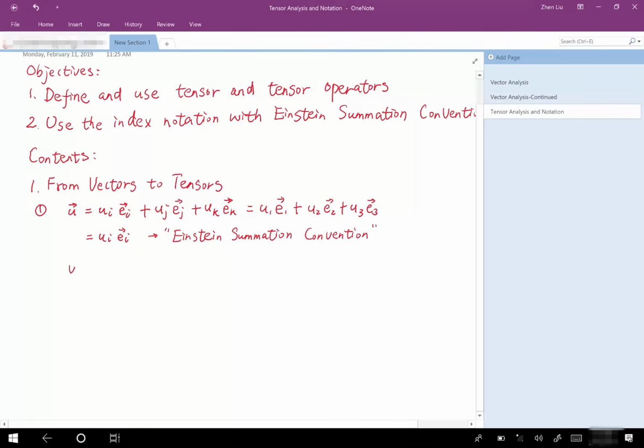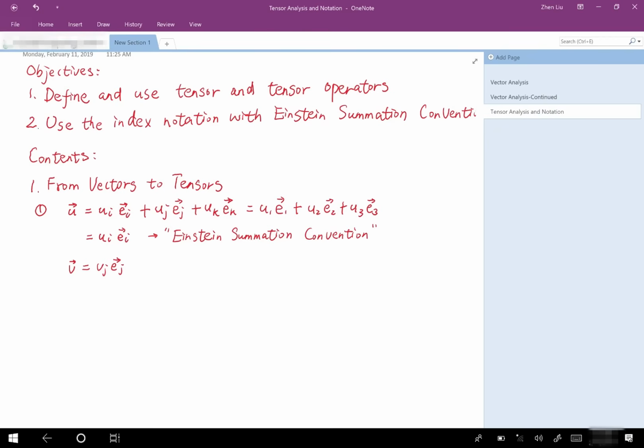If we have another one, v, we can write v_j e_j. So here we use j for another vector. So to avoid confusion, this is the full notation with summation convention, and let's use ijk in this way from now on. Use 1, 2, 3 this way for full notation to avoid confusion.